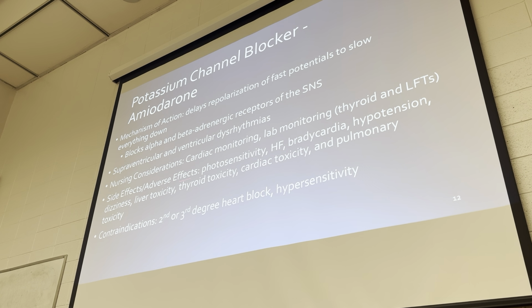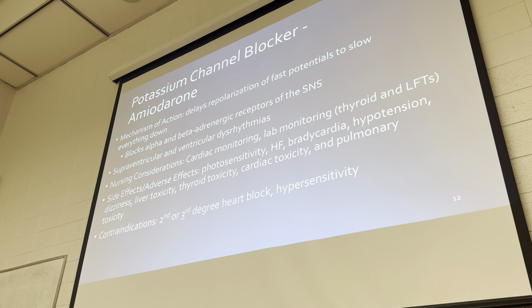Okay. So again, our nursing considerations, right? We need to make sure that we are safely giving this medication, right? Because again, we're slowing down that repolarization, we're slowing down the conduction through there. So we have to have that patient on cardiac monitoring. Again, that is always going to be the case if we are giving these medications. Amiodarone can also be given PO, okay?